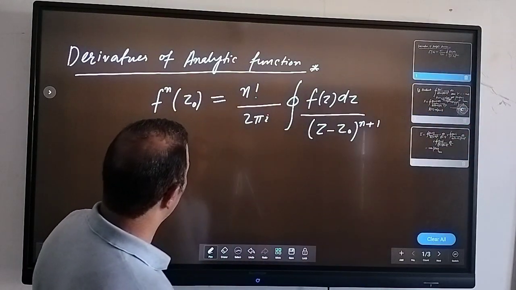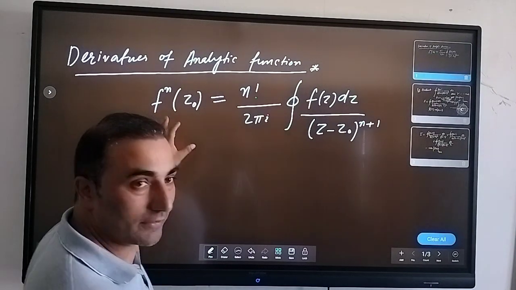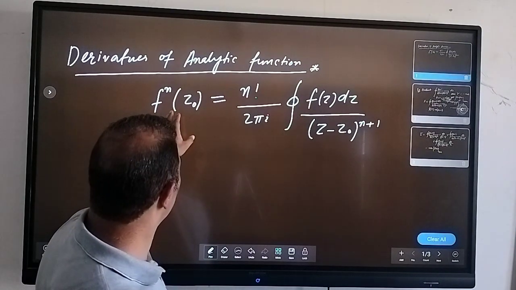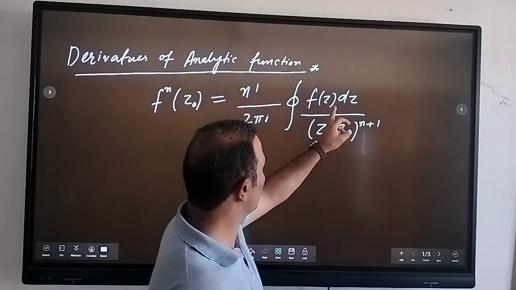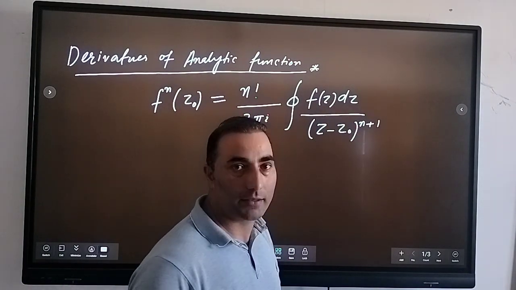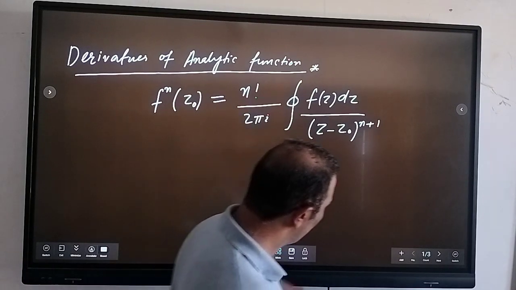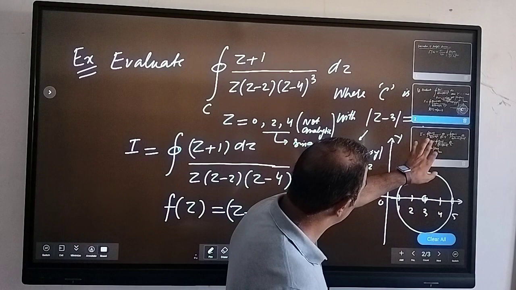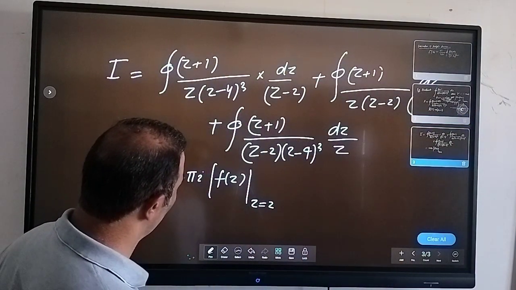Our n is equal to 1 here. So this is simply f' of z0, that is 1 factorial divided by 2 pi i, integral of f of z dz divided by (z minus z naught) whole square. Or you can write this as 2 pi i f of z at z equal to 2.